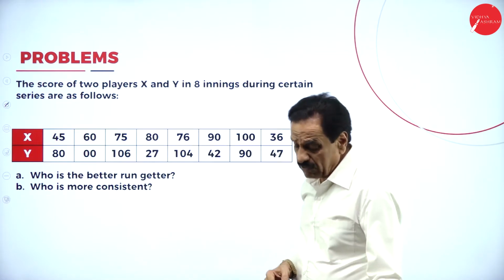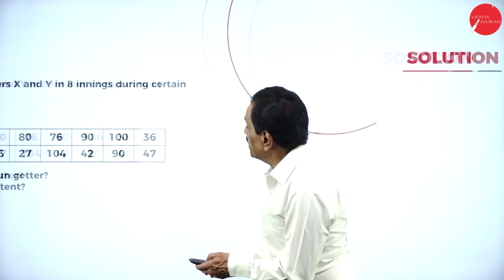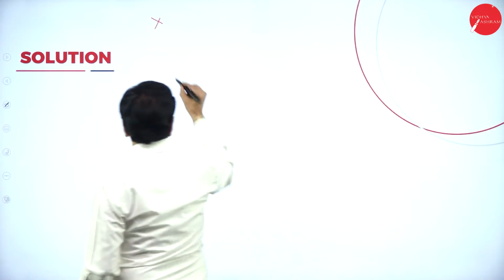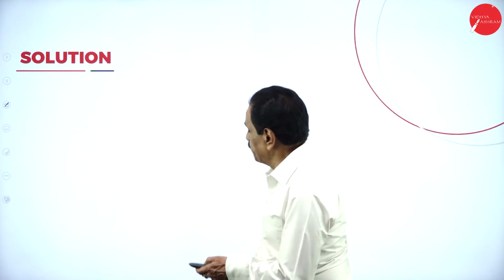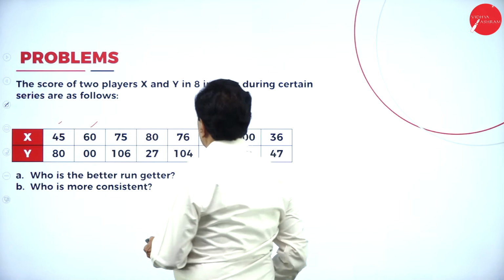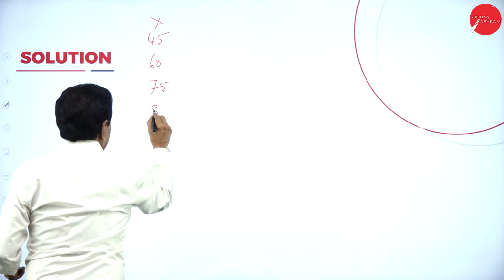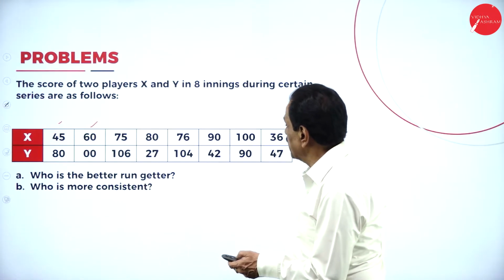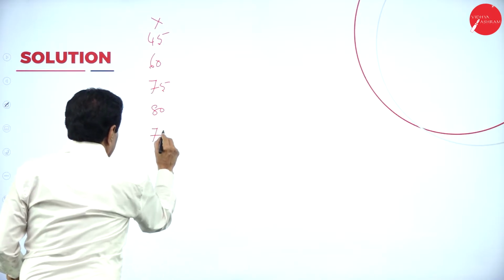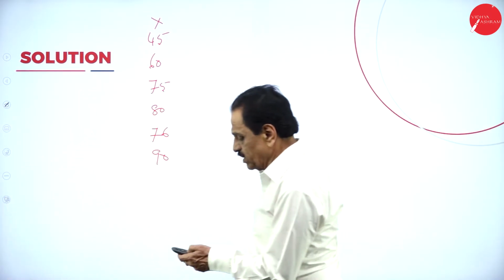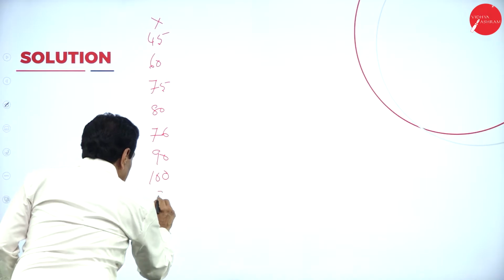First, we'll go to player X, one by one. 45, 60, 75, 80, 76, 90, and the last two numbers together are 136.